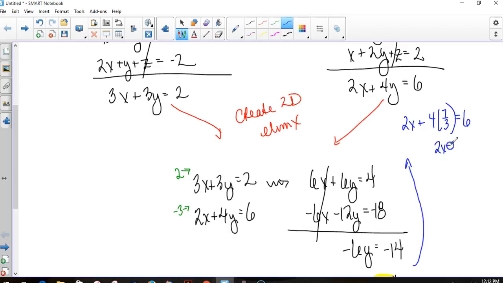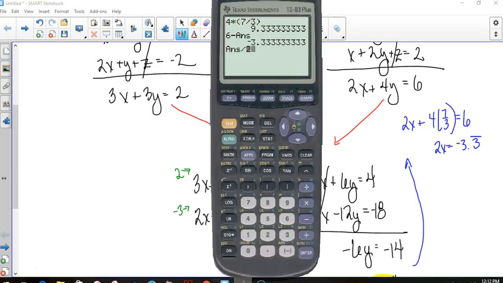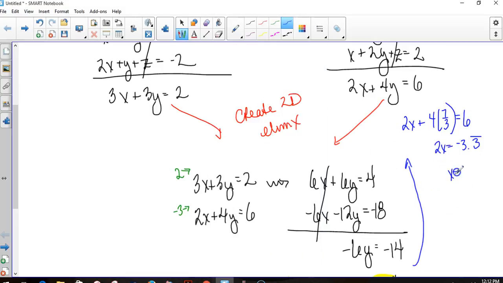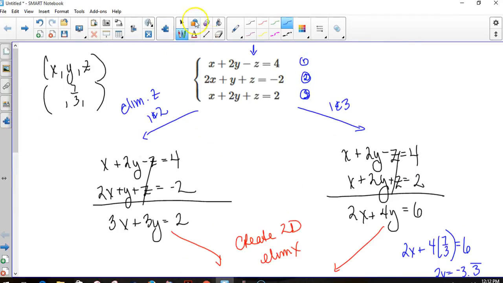So now I have 2x equals negative 3.3, repeating, divide by 2, and I want to change that back to a fraction. So I'm going to hit math, enter, enter, and x is negative 5/3. Why do we have all these terrible numbers?